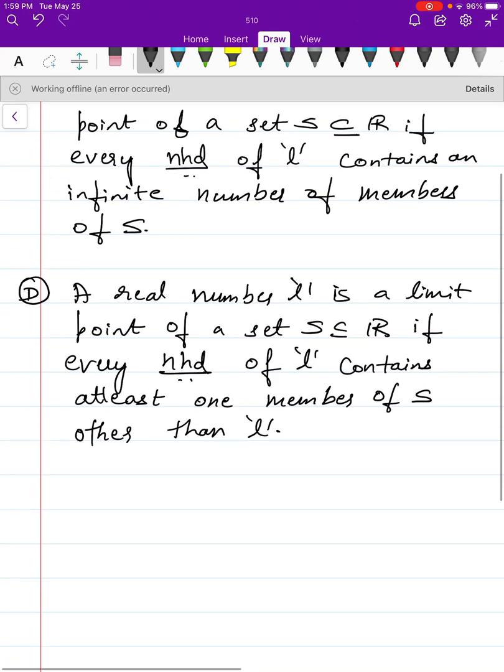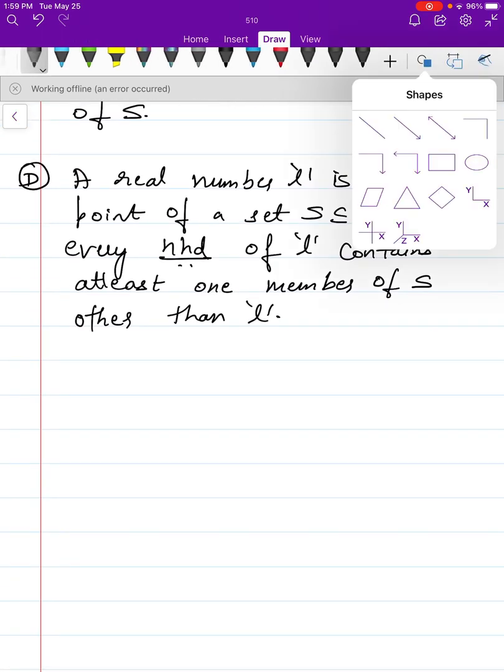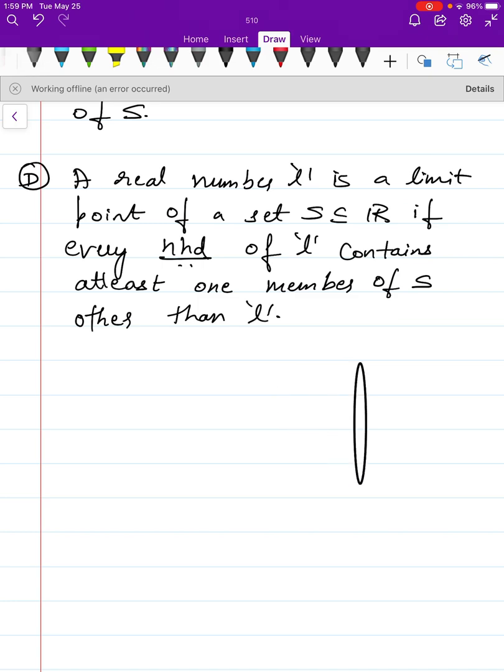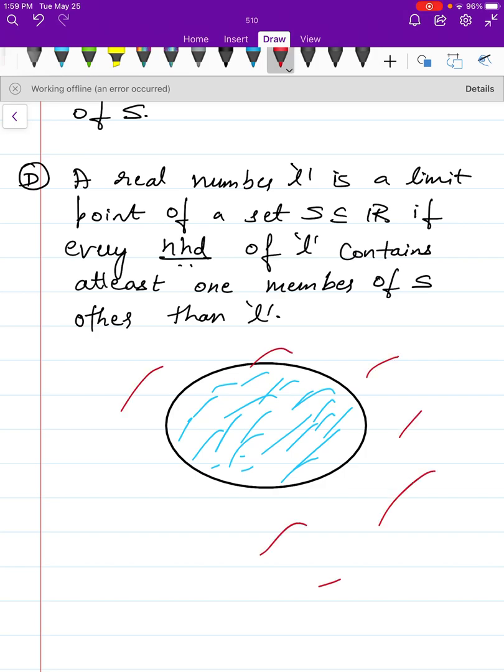So here is a vague picture of what a limit point can be. Everyone would have played a game called Lake and the Land, correct? The inner part of this oval or ellipse is the lake. In your childhood days you would have played this, and the outer part, the red part, is the land.